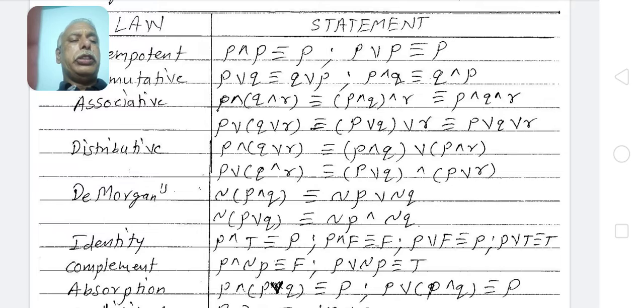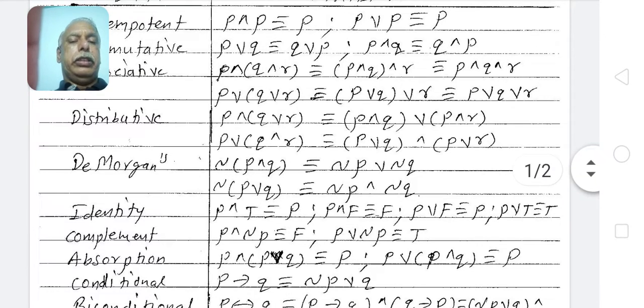De Morgan is the name of the mathematician who developed lots of theorems or formulae for mathematics as well as this logic.